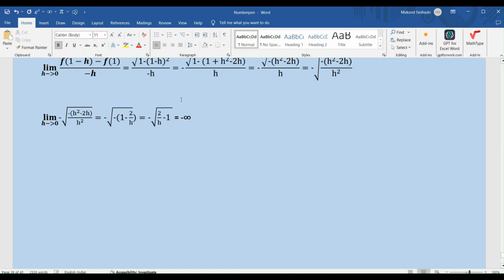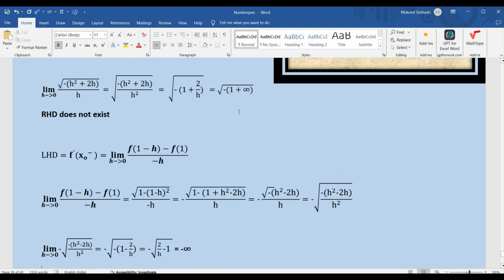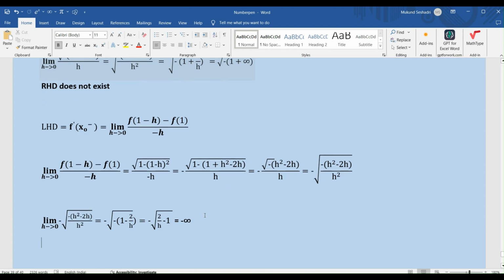So therefore, we saw that our RHT did not exist because we were tending to the square root of minus 1 plus infinity, which is again infinite, and it is not possible to have a square root of a negative number, and therefore we can comfortably say our RHT does not exist. And in our LHD, we have that our LHD is tending towards minus infinity, right? So in both the cases, they don't exist, right? So we can comfortably say that LHD also does not exist, right?